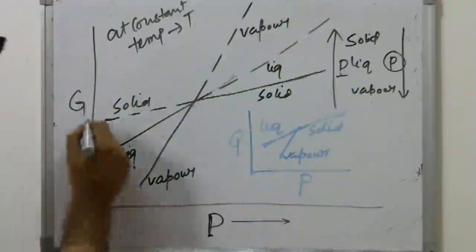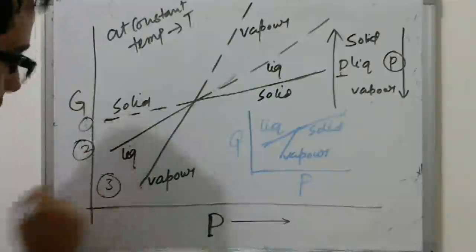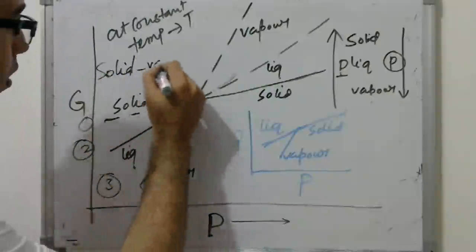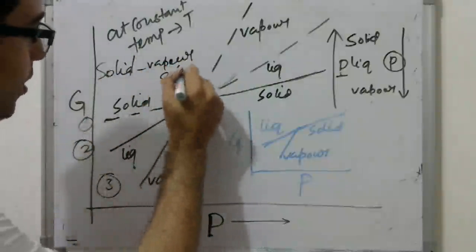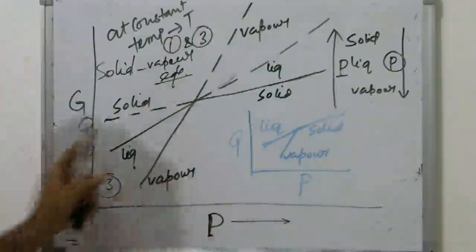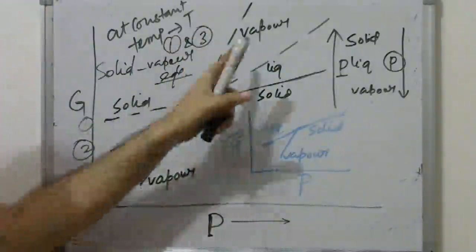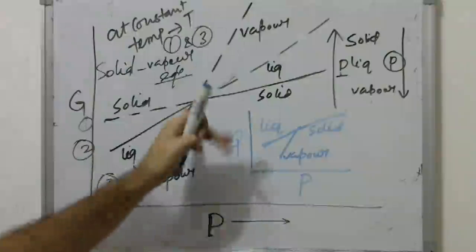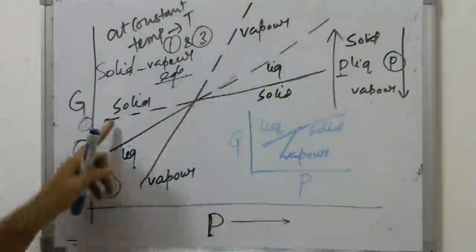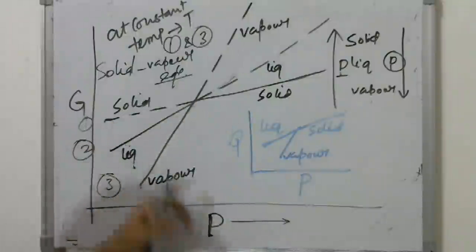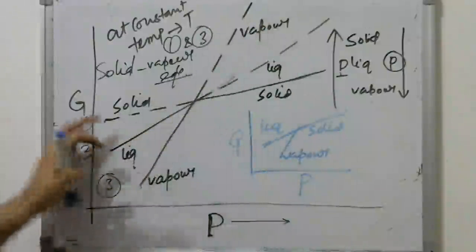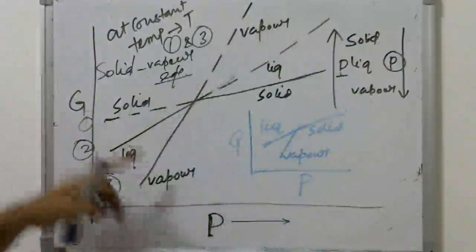So if I talk about lines 1, 2, 3, and I'm talking about solid-vapor equilibrium, I'm talking about line 1 and line 3. Don't consider the liquid line now. Lines 1 and 3. There is an intersection point, right? Let's say we plot the free energy of the vapor and the free energy of the solid versus pressure, in straight lines, and there is an intersection between line 1 and line 3, at this point.